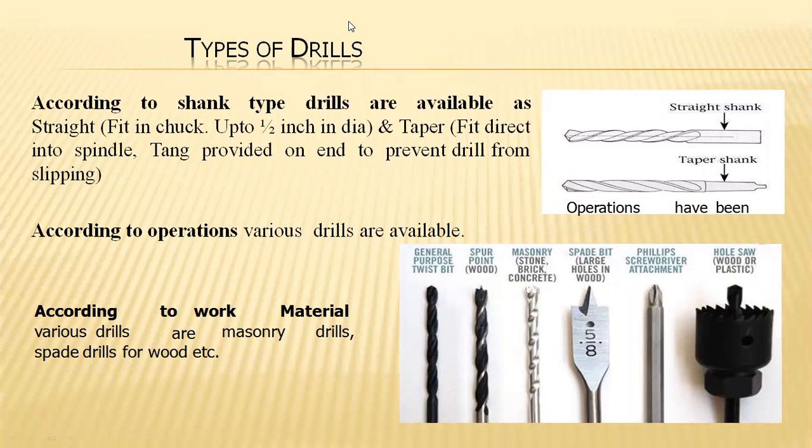Coming to the types of drills utilized, they have been categorized into different types. Initially, based on the shank type, drills are available as straight and taper into the spindle, which prevents the drill from slipping because it holds very tightly.